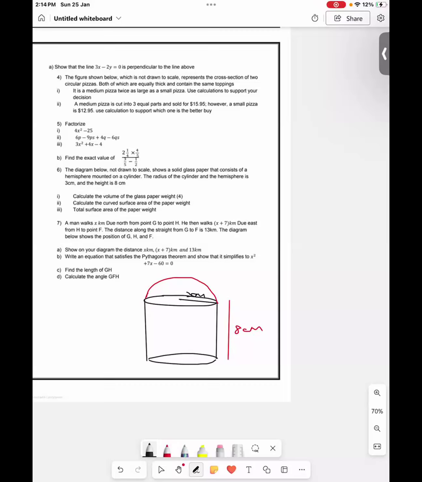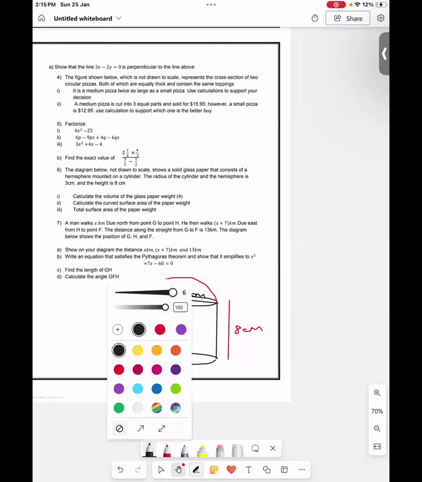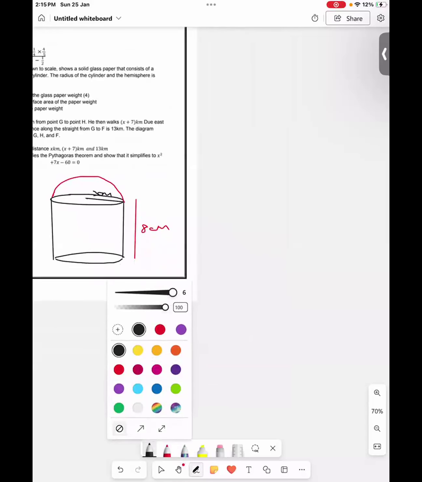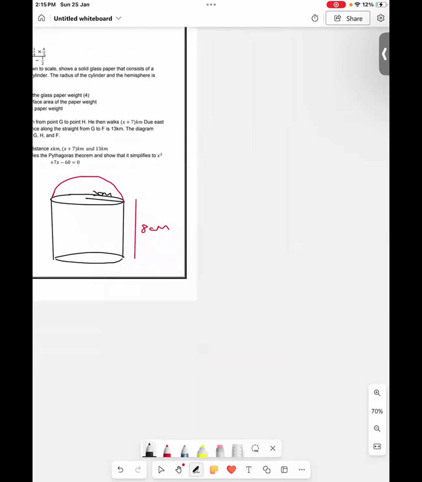So in order for us to find the volume, even though we know from the class that volume is equal to area times height, we're going to have to split this into two. We're going to say volume 1, and then volume 2.